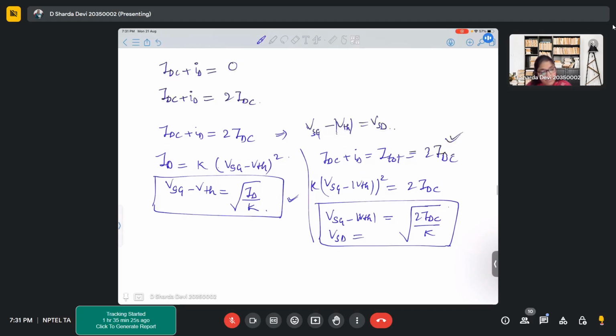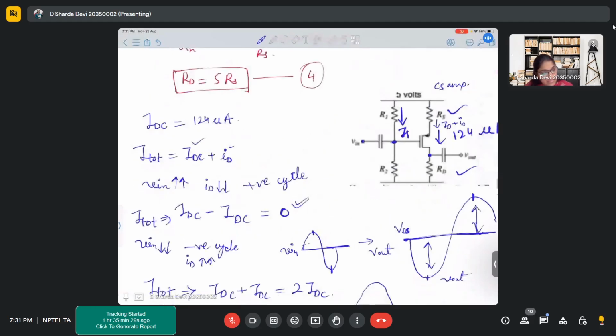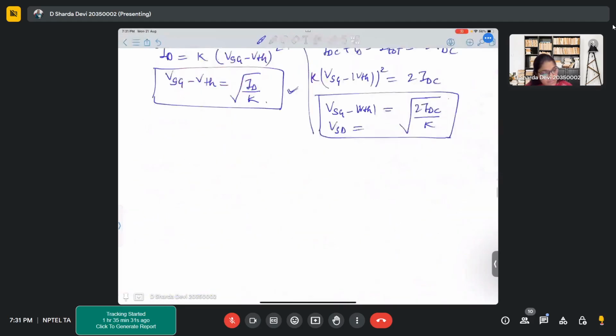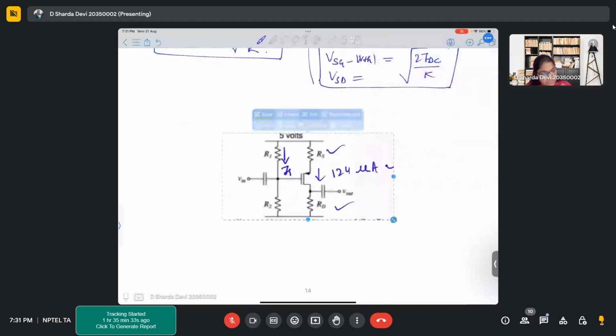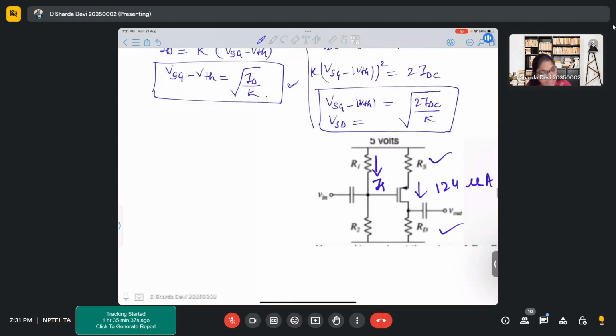Now, when we look into the same circuit, we know VSD, IDC is already known, K is known, everything is known. So let's write the same KVL again.